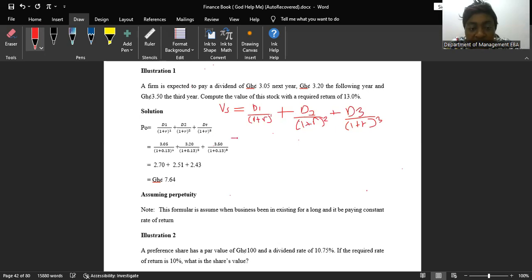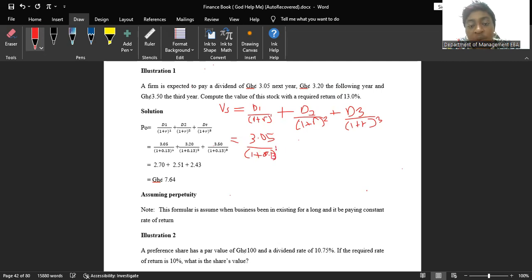The next thing is to identify the information to insert into the formula. The first year dividend is 3.05, all over 1 plus the rate, 0.13.